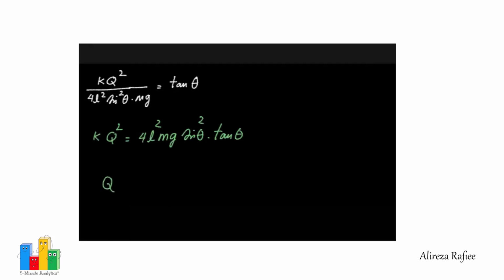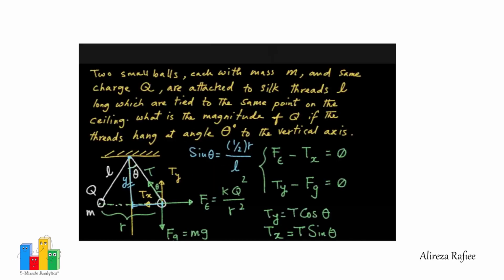So q then would be the square root of 4 is 2, the square root of L squared is L, the square root of sine squared is sine of theta, and then you will have the square root of mg divided by k and tangent of theta. And so this would be the amount of charge which creates this particular setting with the angle theta.